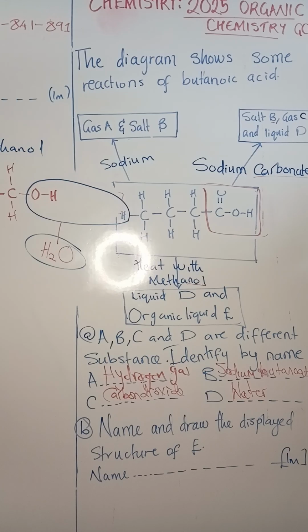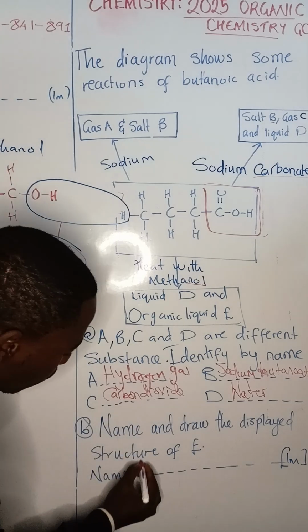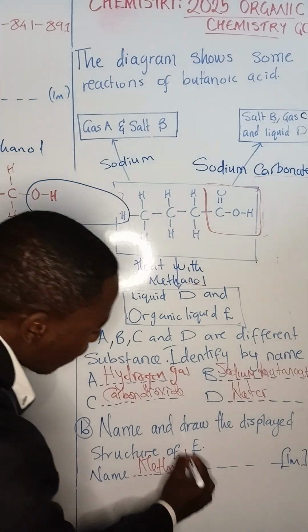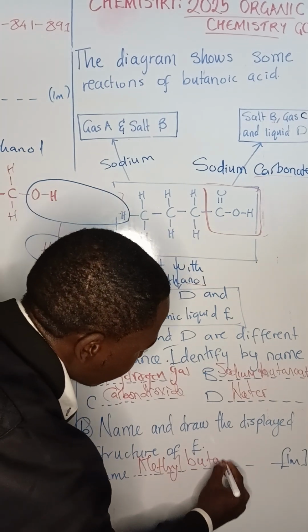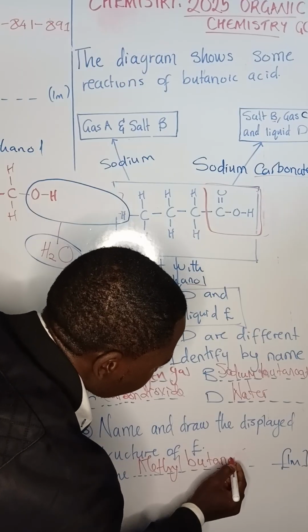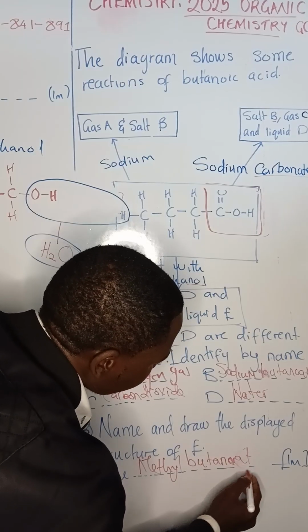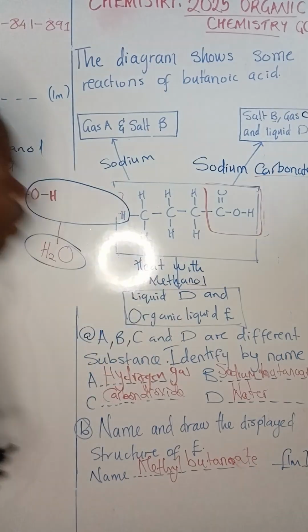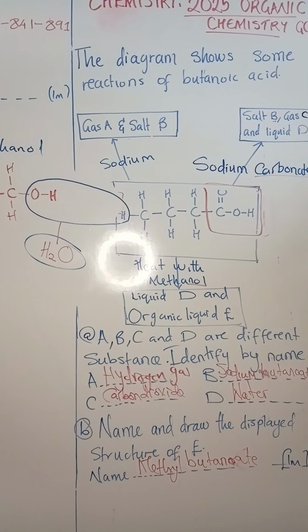So we want to name. So according to the name, we are going to say it's methyl butanoate. Okay, so this is the name of what you call an ester.